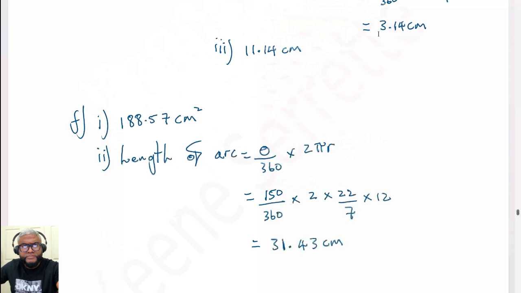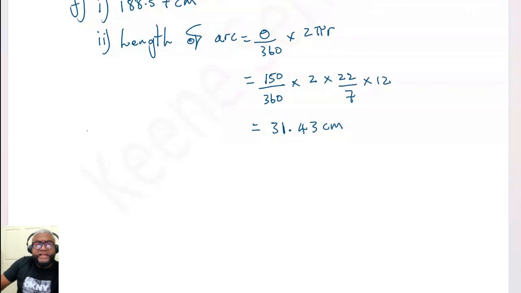F3? Oh, we didn't do F3. Somebody else give me the answer for it now. What's the answer for F3? 55.43. I have 53 and 37.